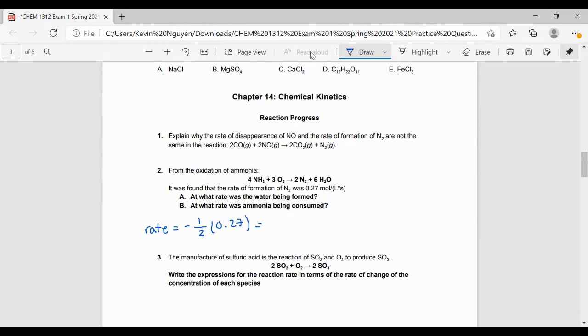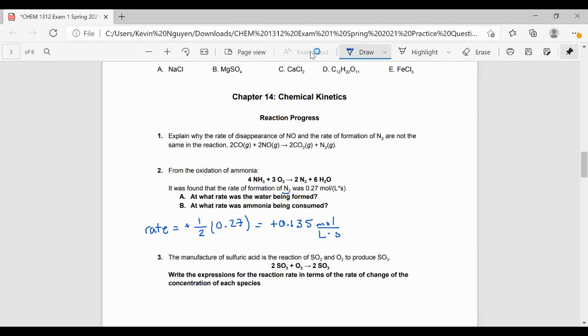So let's see what we got here. We should get negative 1 point... Oh, sorry, it shouldn't be negative, it should be positive. N2 here is a product, so this will be positive 0.135 moles per liter per second.